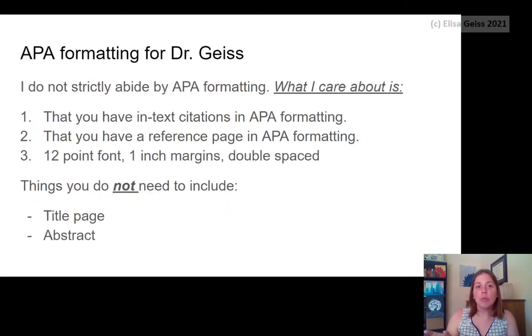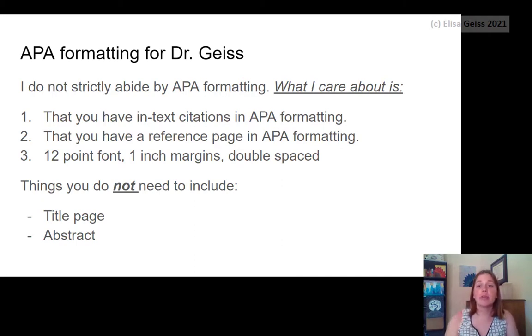I don't abide by everything in the APA formatting guidelines, and the reason for that is that it's a lot of rules and regulations, and sometimes that's really the last thing that we care about. What we really need to be focusing on is the content of your work, and that you're giving credit where credit is due.